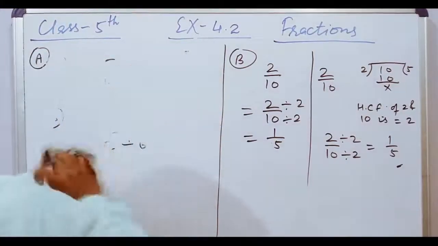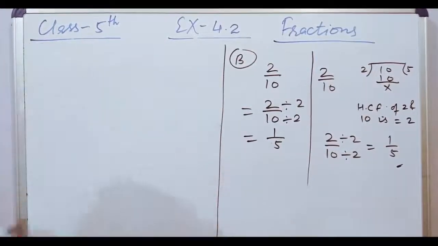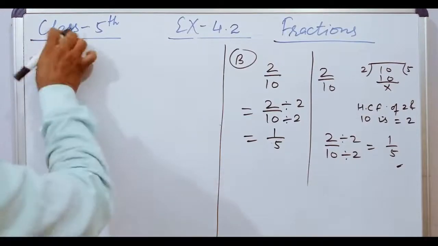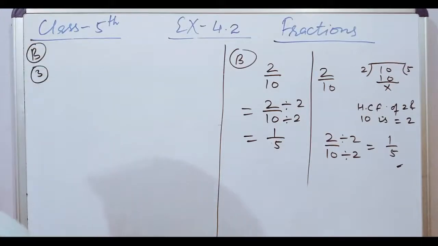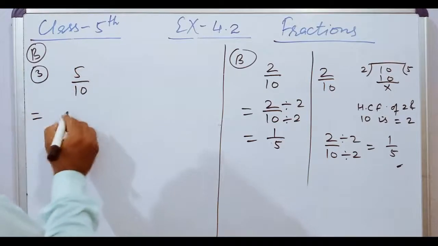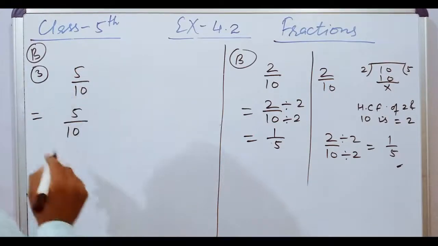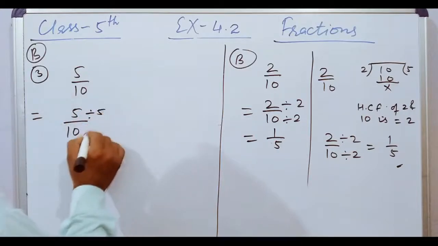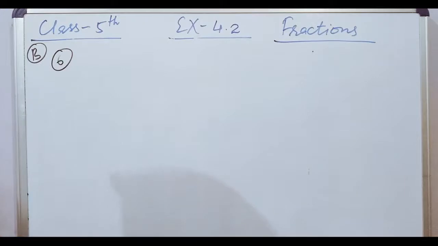One more question, part B, question number 3, 5 upon 10. So 5 divided by 5, because 5 1s are 5, 5 2s are 10.